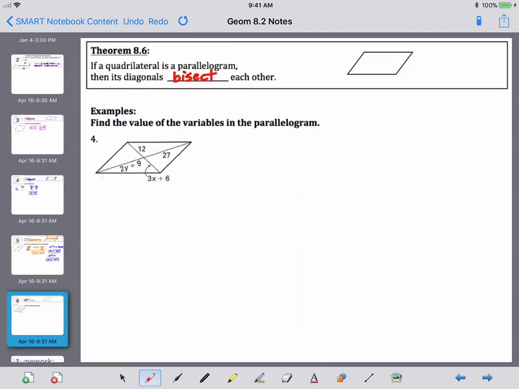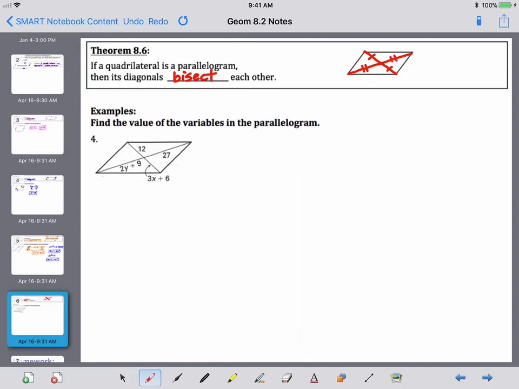Remember, the diagonals in a shape go from one corner to the opposite. So there's one diagonal and the other, and those cut each other in half. That, remember, is what it means to bisect, meaning that this and this are the same length, and so is this part and this part.